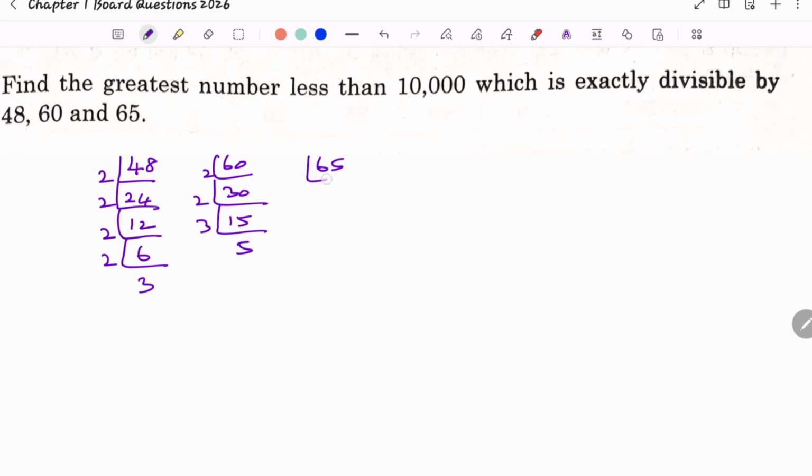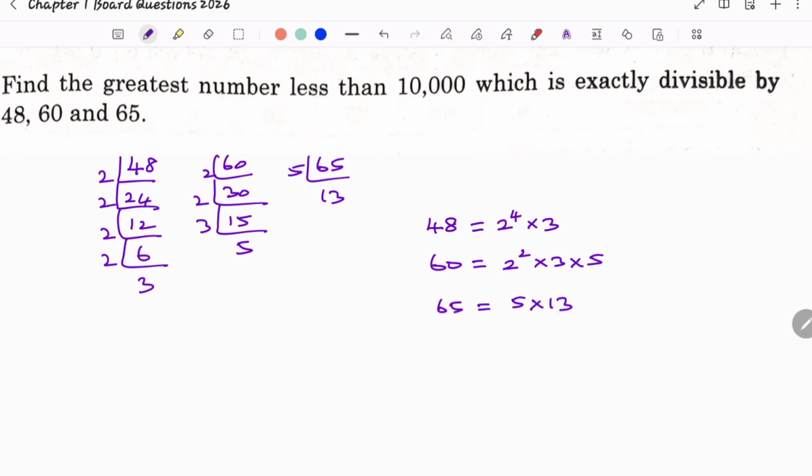Next number is 65, divided by 5 is 13. So prime factors of 48 is 2 power 4 multiplied by 3. Prime factors of 60 is 2 square multiplied by 3 multiplied by 5. Prime factors of 65 is 5 multiplied by 13.